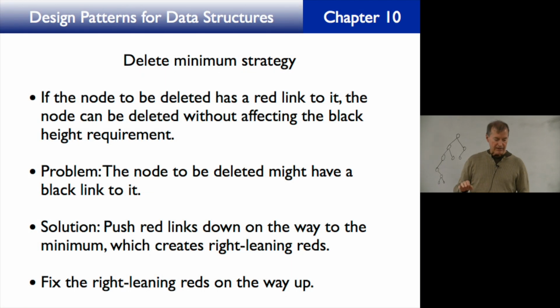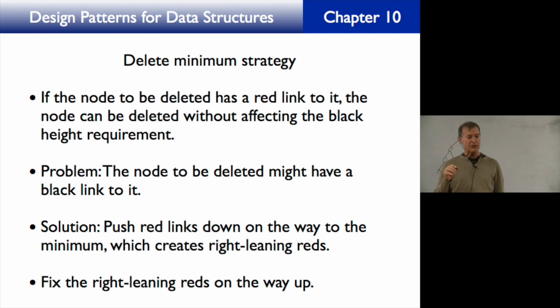So now here's the idea. You remember, when we inserted a node, what did we always make the parent link by default? Red. Now why is that? Because you wouldn't change the black height.